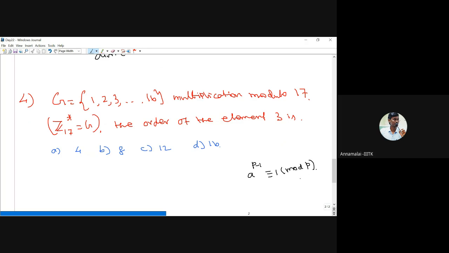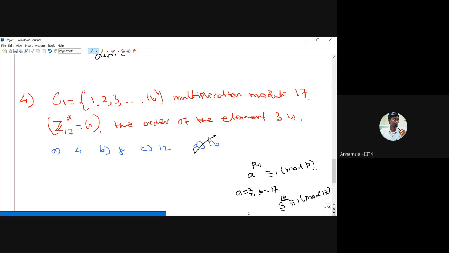Okay, this is Fermat's theorem. Now here p equal to 17, because 17 is the group order and it's a prime also. Therefore, here a equal to 3 and p equal to 17. Therefore, we get 3 power 16 is congruent to 1 modulo 17. Therefore, 16 is the order of 3, simply you can say.